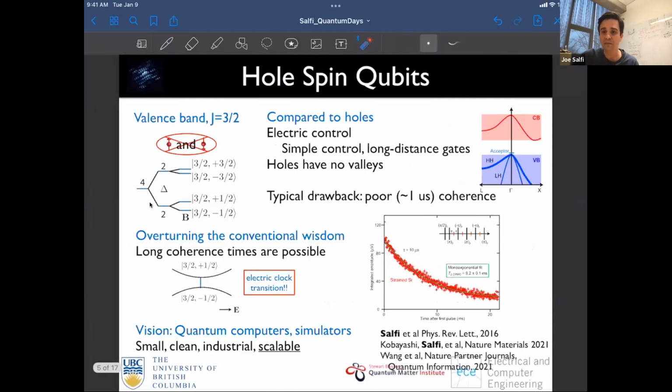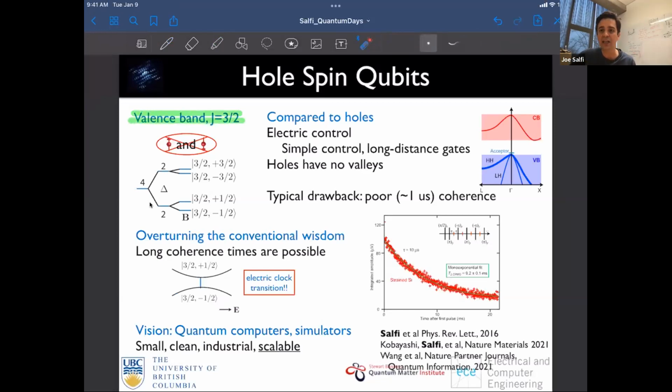So what my research in the last few years has been looking at is an alternative platform for qubits in silicon and group 4 materials, basically. And it's based on the properties of, instead of electrons, valence band holes. So what does that mean?